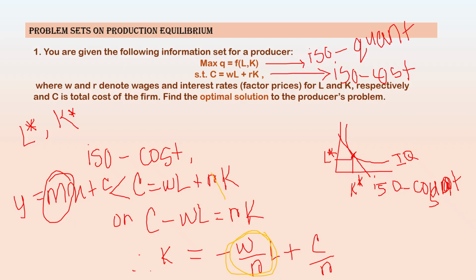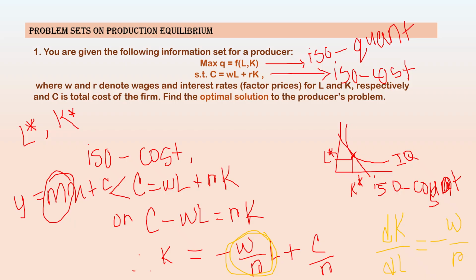That is basically dK by dL equals minus W by R. And this right here is the slope of our isocost line.